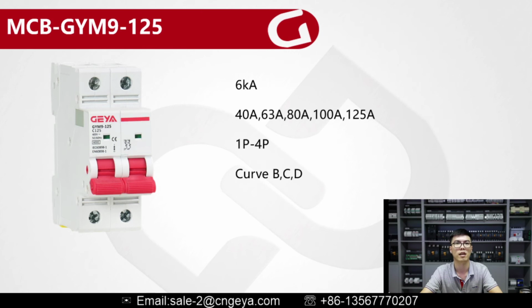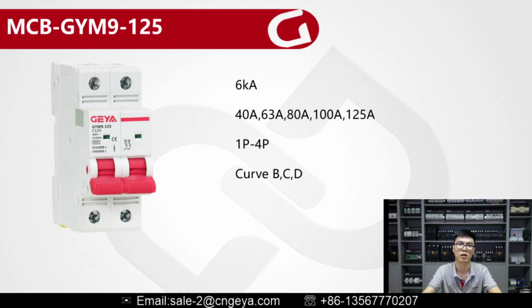And next it is our model GYM9 125. The previous items I have introduced are all about 1 ampere to 63 amperes. So if you want higher amperes, you can choose this model. This model we can do 40 amperes, 63 amperes, 80 amperes, 100 amperes, and 125 amperes.